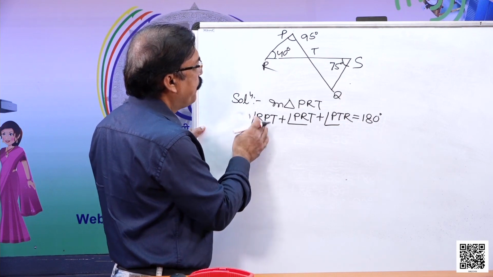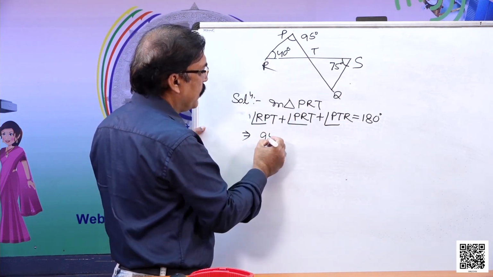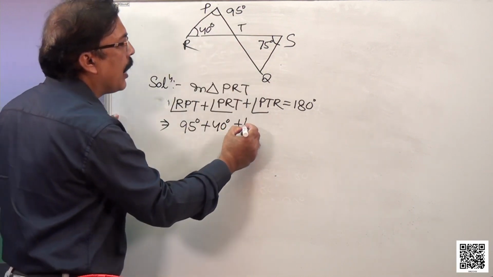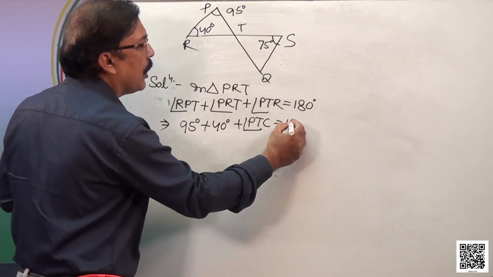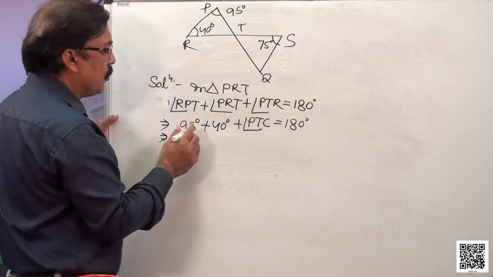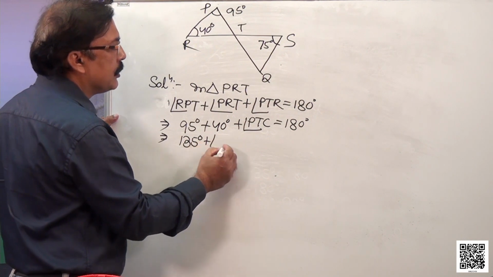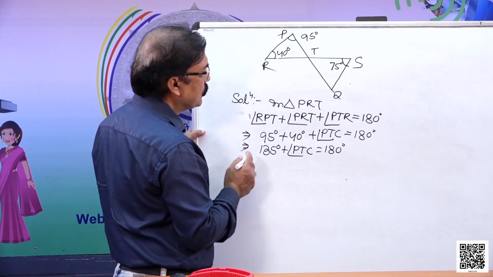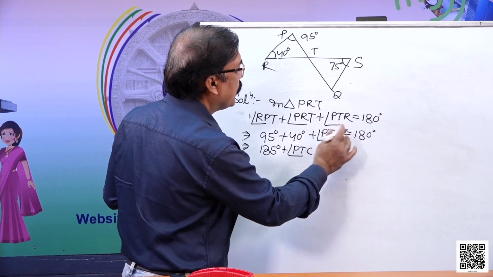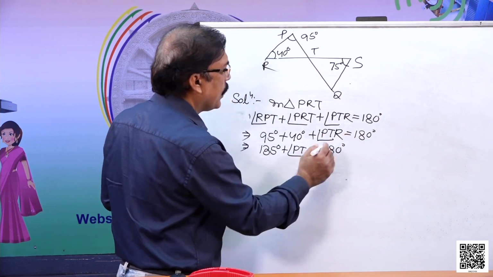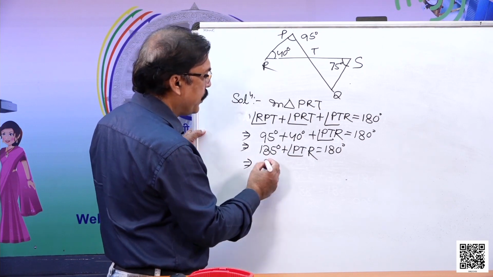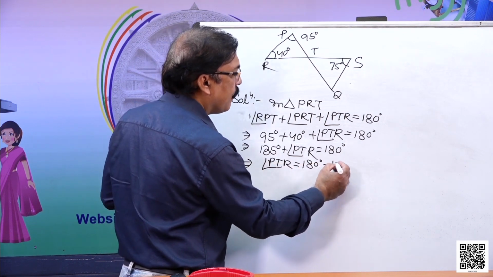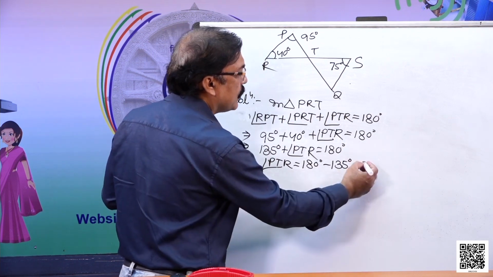This shows that RPT is 95 degree, PRT is 40 degree plus PTR, keep it as it is, equal to 180 degree, and this shows 135 degree plus angle PTR is equal to 180 degree. So this shows that PTR is equal to 180 degree minus 135 degree, that is 45 degree.